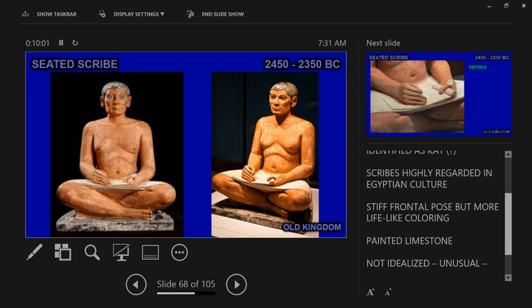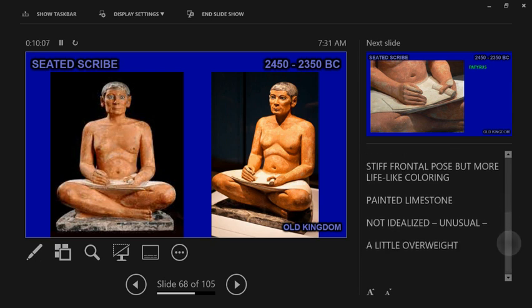He has a stiff frontal pose, but he has more lifelike coloring and a more lifelike body type. You notice that he is not perfect. This is painted limestone. Limestone is actually quite easy to carve. And like I said, he's not idealized, and this is unusual in Egyptian art.